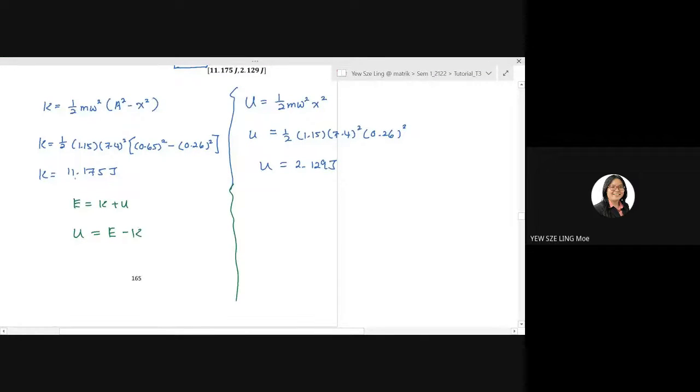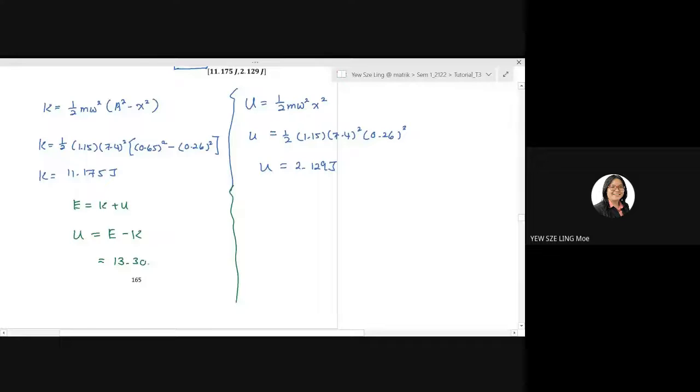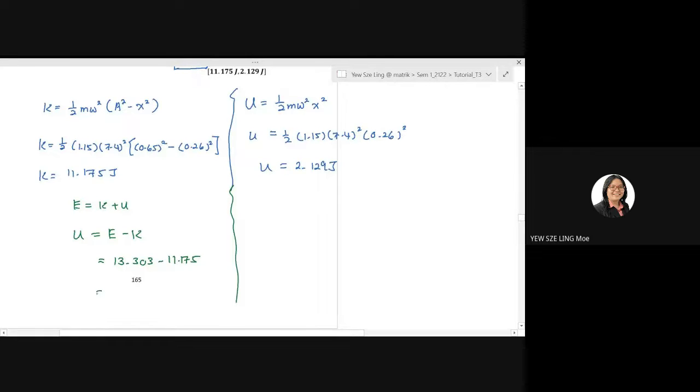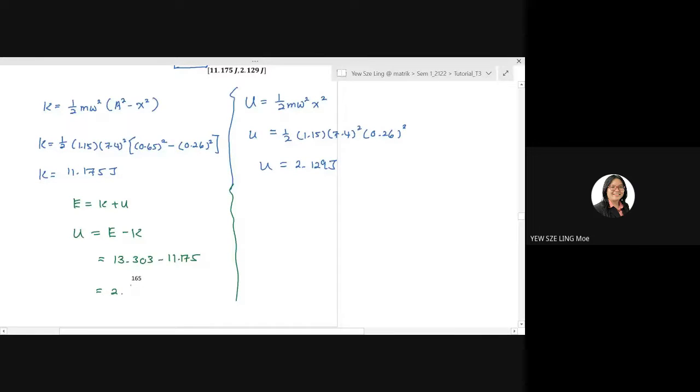If you already calculated K and you got E from the previous question, then U equals 13.303 minus 11.175, which is 2.13 joule.